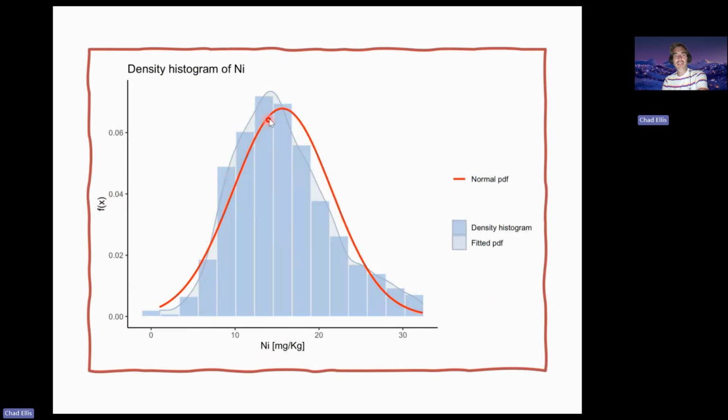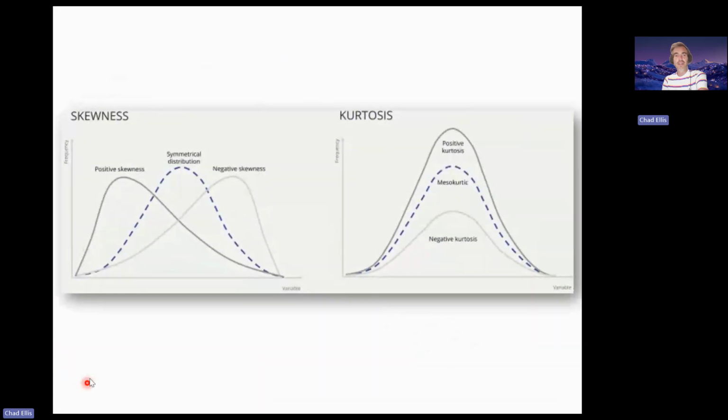We're comparing that to the red, which is what we would expect for a normal distribution. In this example, we can see that our data set is closely following a normal distribution. It's not quite perfect, but it's close. So this is the first way that we can check whether we're dealing with a normal distribution, just by visualizing it, looking at it.